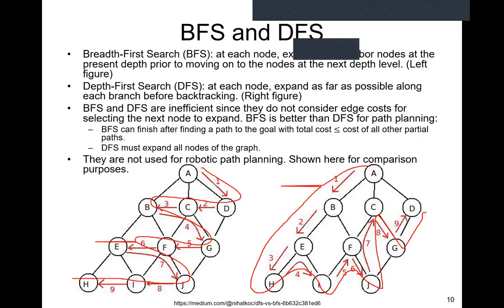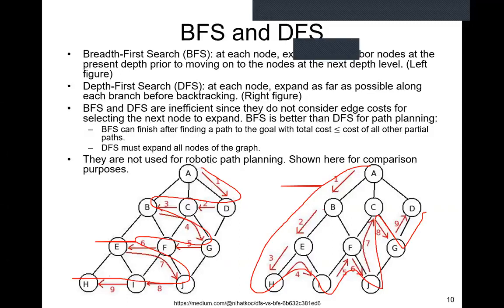BFS can finish after finding a path to the goal with total cost less than or equal to cost of all other partial paths. Then it's not possible to have a shorter path than the one you have just found. You can stop. But for DFS, you can never be sure.